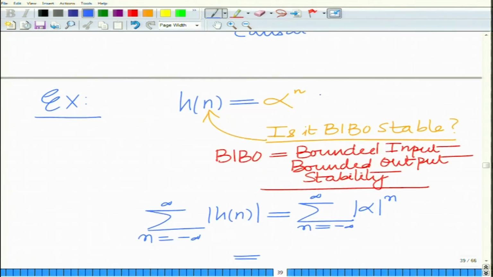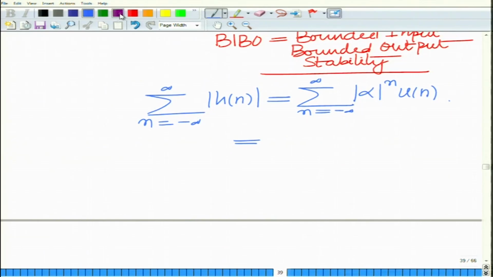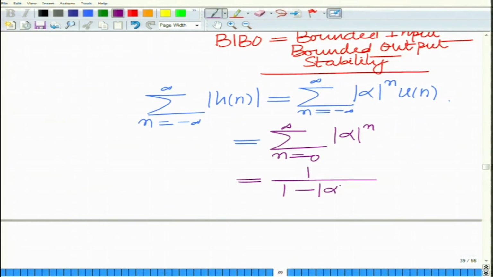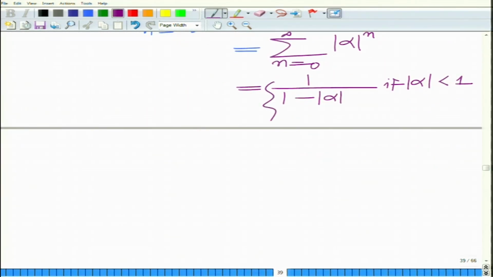I believe we forgot to add u of n. This means it is the summation from n equal to 0 to infinity of magnitude alpha raised to the power of n, which is 1 over 1 minus magnitude alpha, but only if magnitude alpha is less than 1. Otherwise, the sum diverges and is equal to infinity.